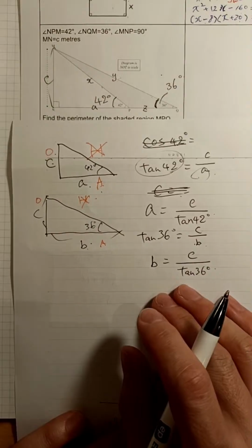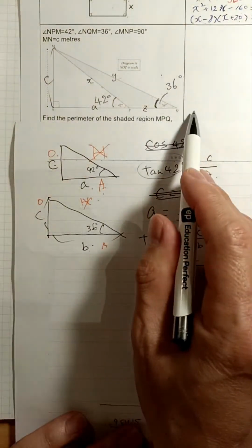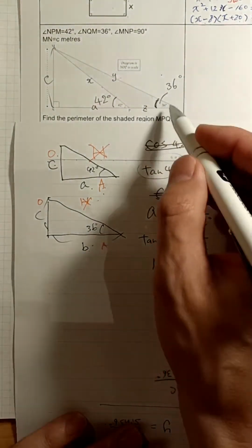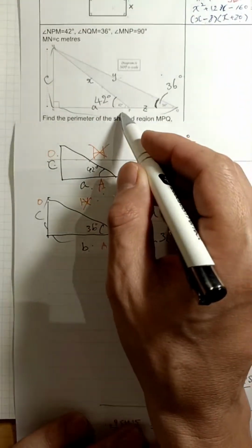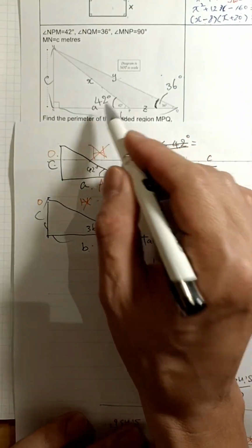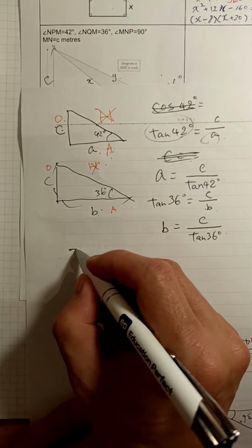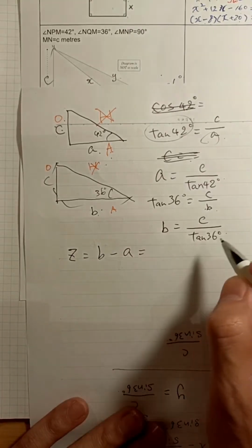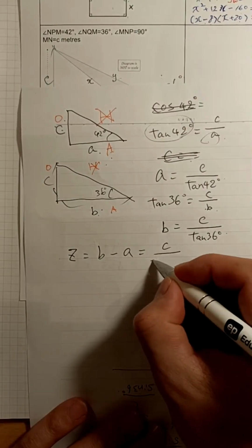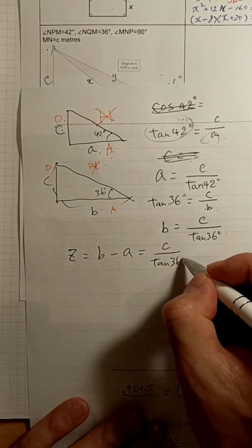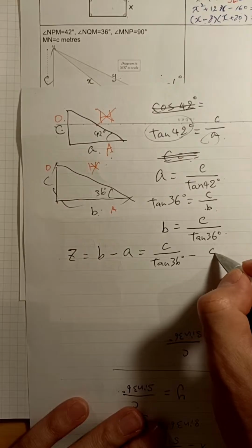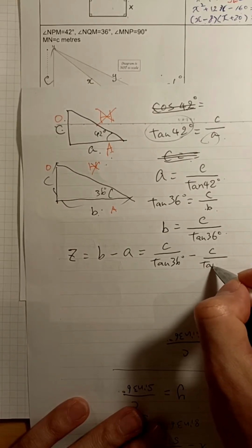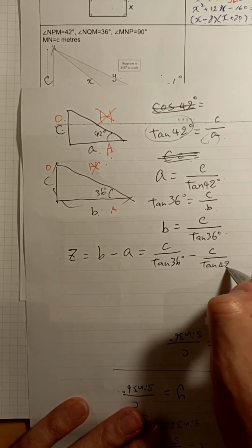Then what we needed to figure out is Z, wasn't it? Z is from here to here, I labelled B. Z is B take away A, which is C over tangent 36, take away C over tangent 42.